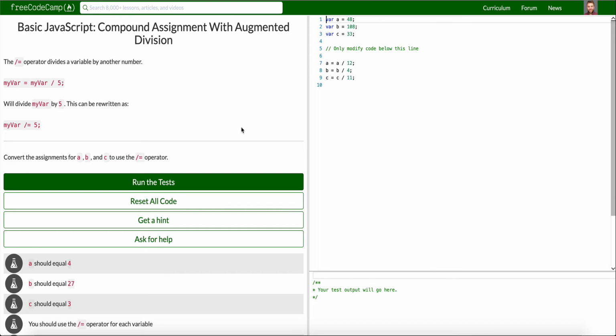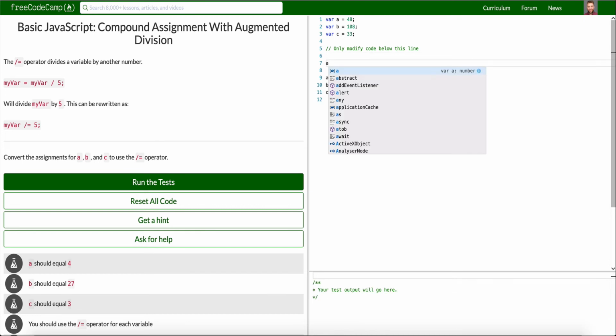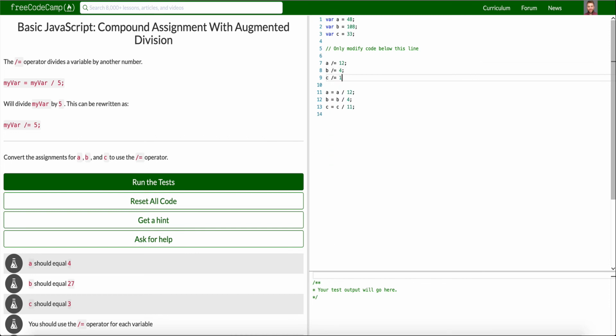So convert the assignments to use the divide equals operator, so we just need to do this right here. a divide equals 12, b divide equals 4, and then c divide equals 11. Cool. Let's go ahead and run that.